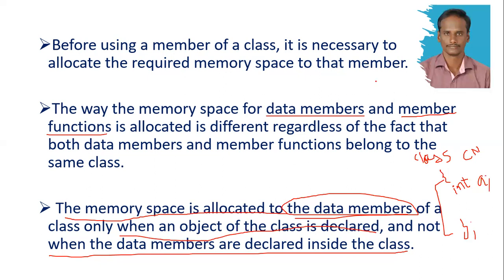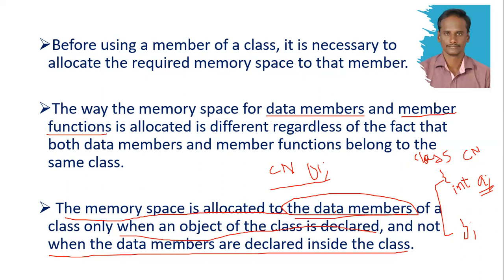For example, if you declare a class like this, a will not take any memory space while being declared inside the class. It takes memory space when we create an object, for example, class name, object name, say o1, meaning object one.